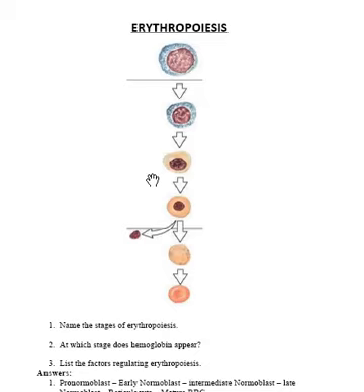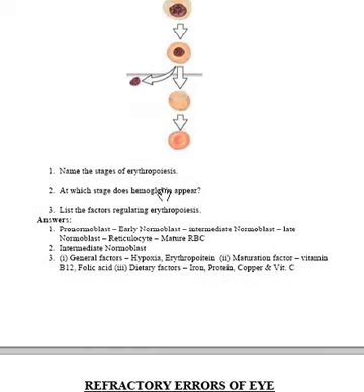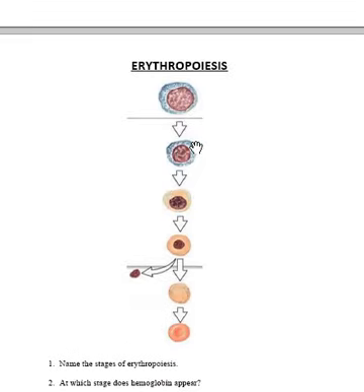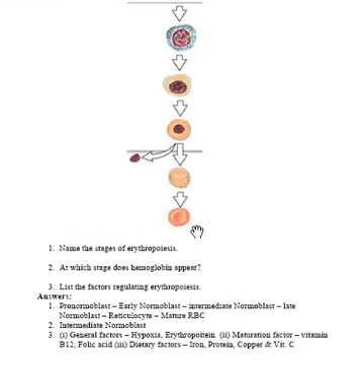Then we have to mention the regulating factors also. So we see the answer. This is the pro-normoblast, early, intermediate, late normoblast, then the reticulocyte, and finally the matured RBC. And here, at the intermediate normoblast, hemoglobin will appear.